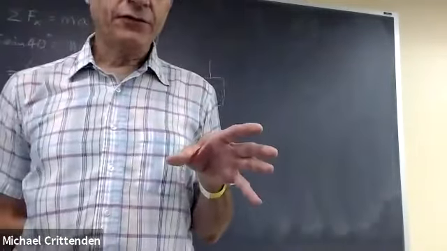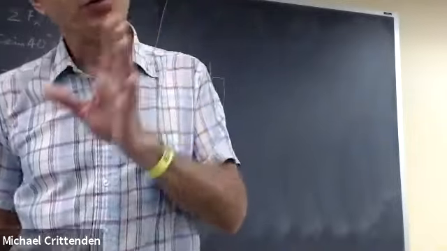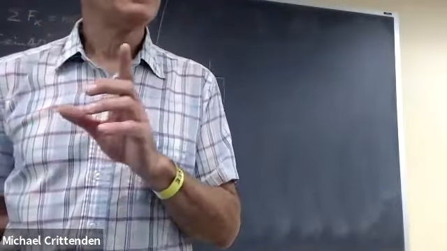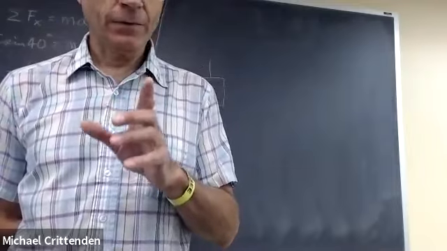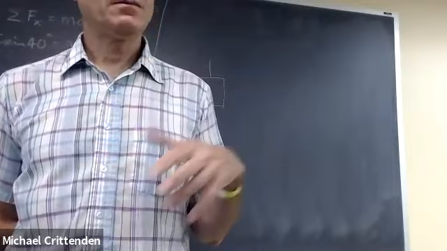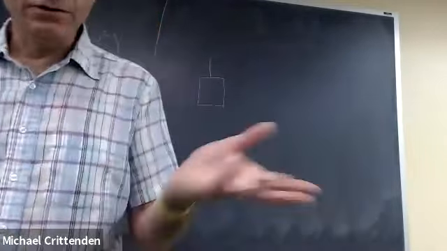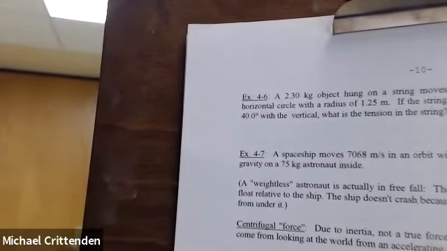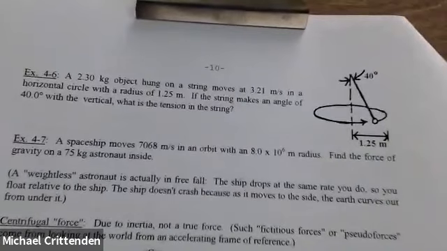So-called weightless astronauts are not truly weightless, they're just in free fall, okay? And as you can do that right down here near the surface. The ship drops at the same rate you do, so you float relative to the ship.